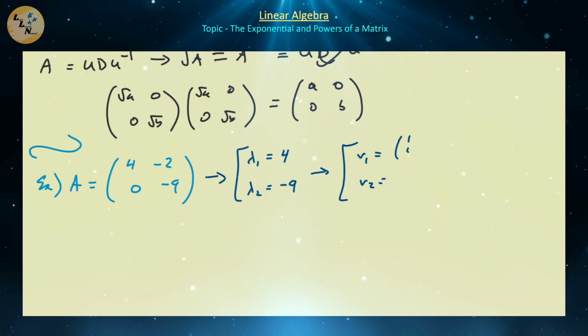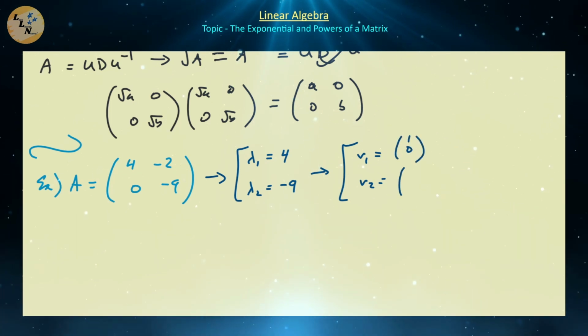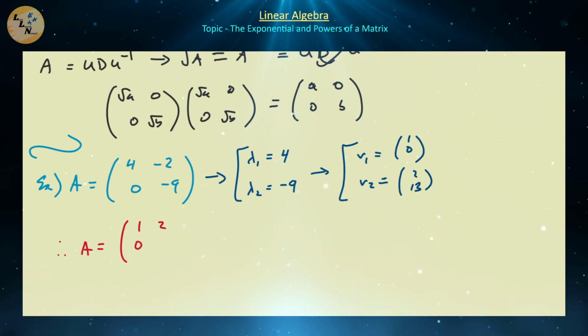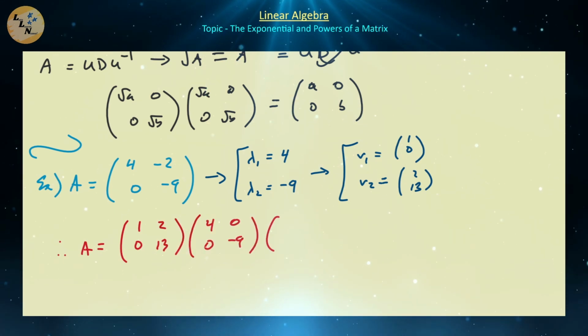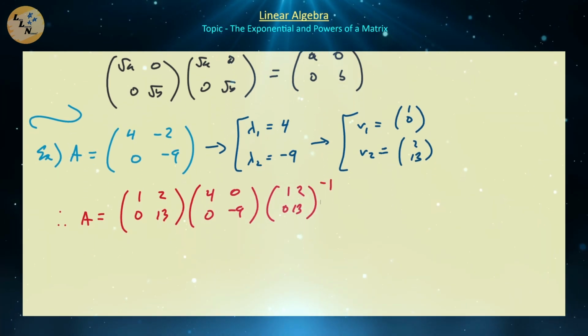So for v1 we can have 1, 0, and for v2 we can have 2 and 13. So that means the eigenvalue decomposition for A is going to be equal to 1, 0, 2, 13, times 4, 0, 0, minus 9, times 1, 2, 0, 13 inverse.